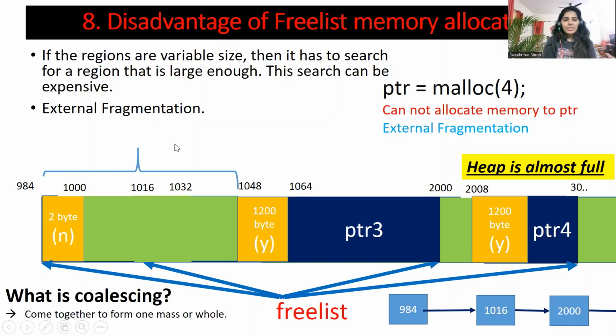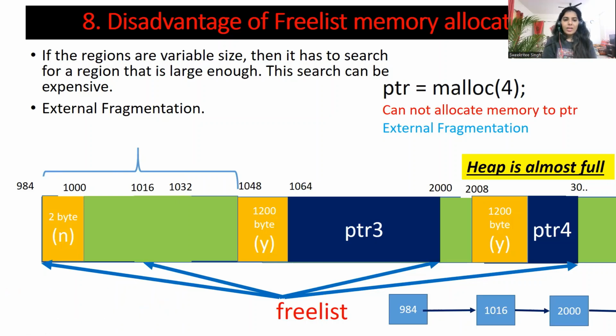Next thing is coalescing. Suppose this 2 bytes of header, which is currently not allocated, is not of much use. So if we coalesce this part also, then the entire memory from location 1000 to 1048 is available.